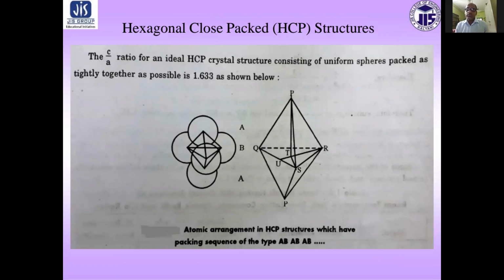The unknown in the earlier equation, as you can see, is the c by a ratio, which we need to find for the HCP crystal structure.